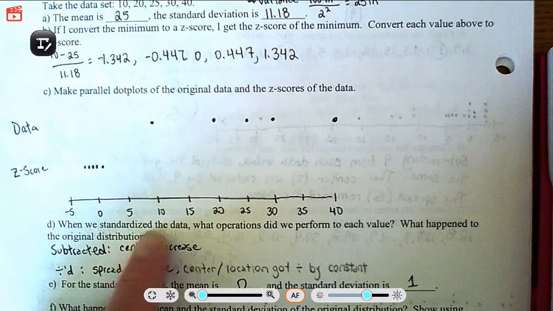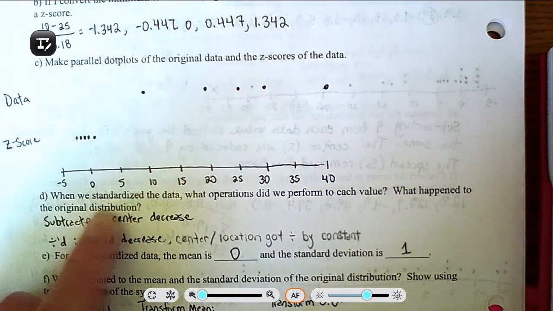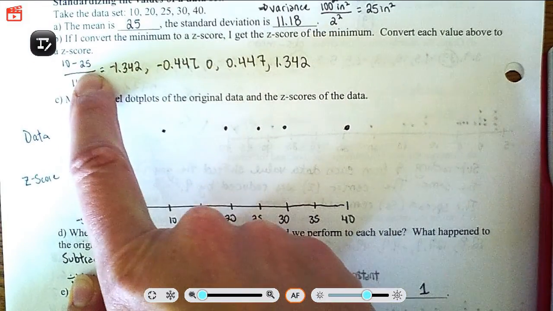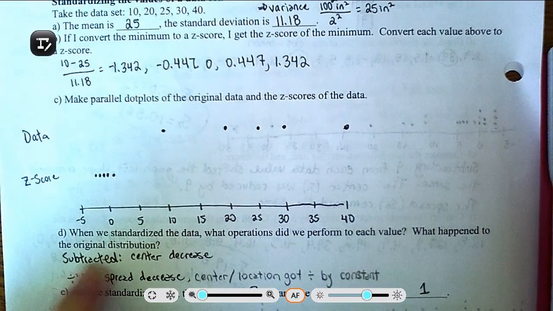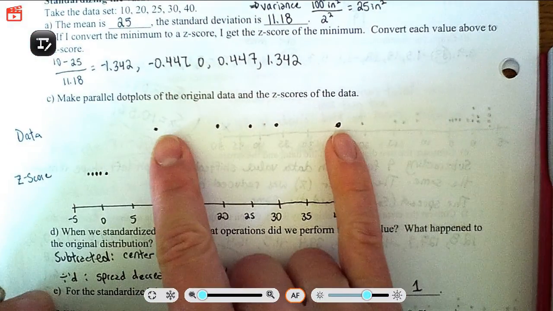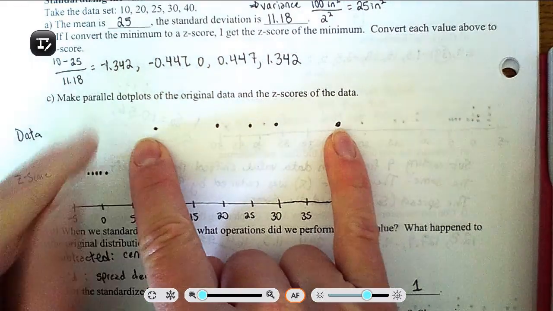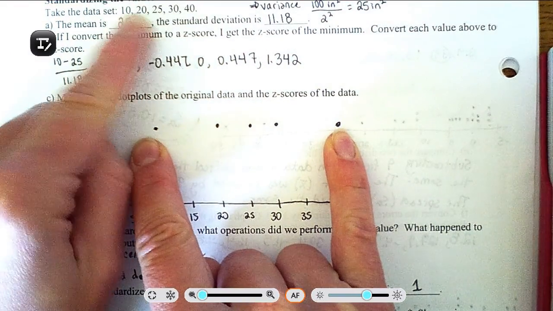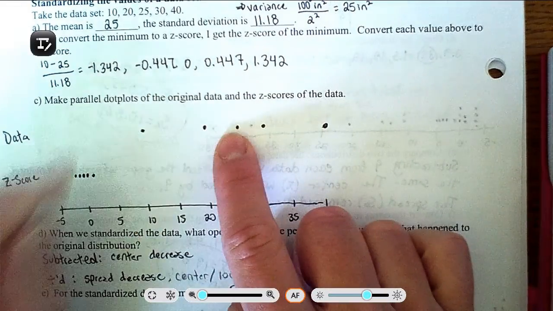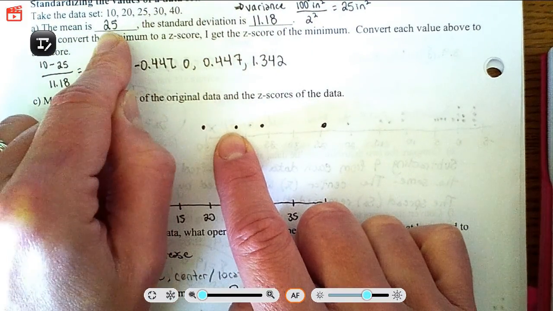When we standardized the data, what operations did we perform on each value, and what happened to the original distribution? The first thing we did was subtract the mean from each observation. Subtracting made the center decrease, because subtraction is going to take this distribution and scoot the whole thing left. And when you subtract 25 from each of these, it'll be centered at 0, because the center value gets subtracted by 25, and 25 minus 25 is 0.